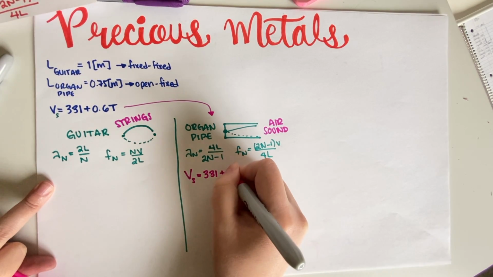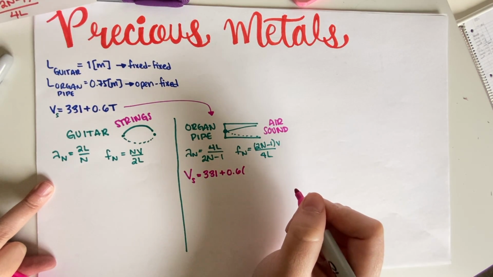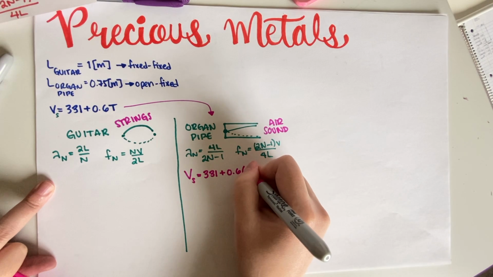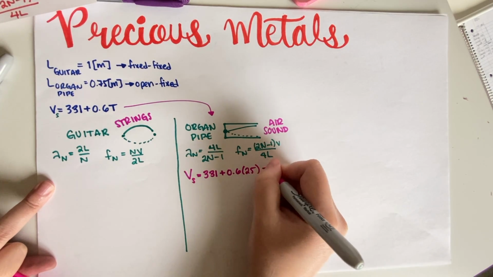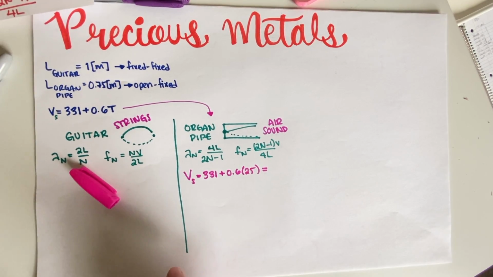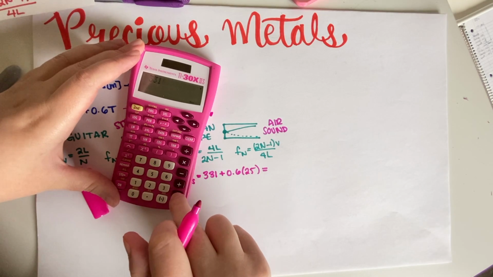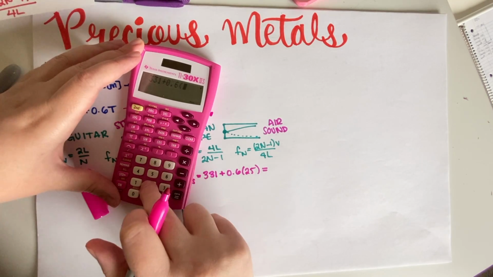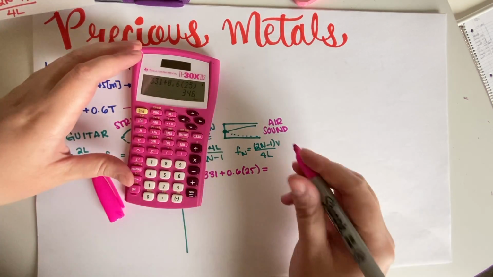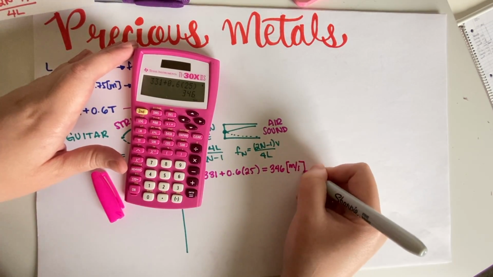So the velocity of sound in air is 331 plus 0.6 times T, and for part A, they are giving us a temperature of 25 degrees Celsius. So for the organ pipe, these waves are going to have a velocity of 346 meters per second.